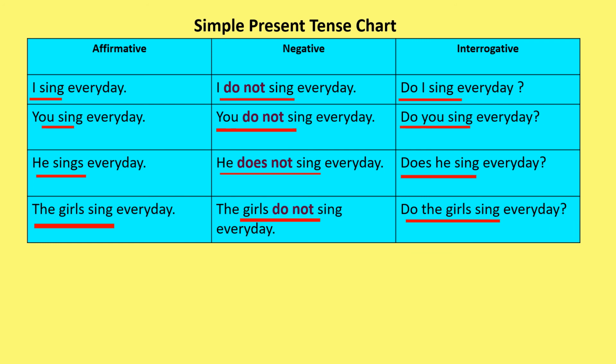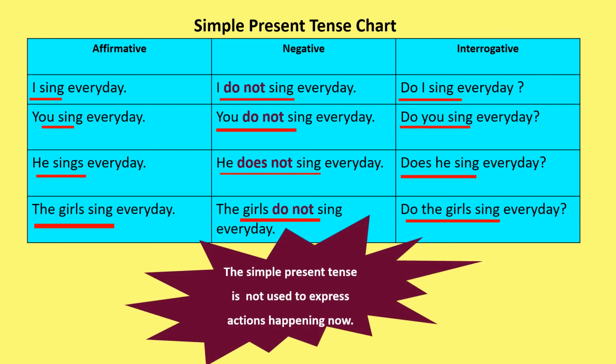Now, last of all, I would like to remind you that simple present tense is not used to express actions happening now. This is where people commit a mistake. Am I clear?